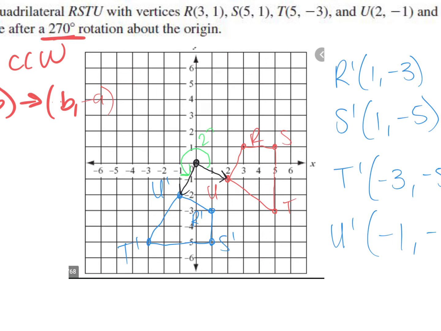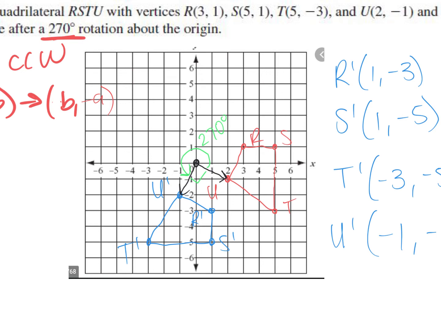So you guys agree this angle should be 270? Now, how we check that is not by that angle, but by the other one. I said rotating 270 counterclockwise was the same as rotating clockwise how many degrees? 90. Does this look like a 90-degree angle here? There's your visual, okay?